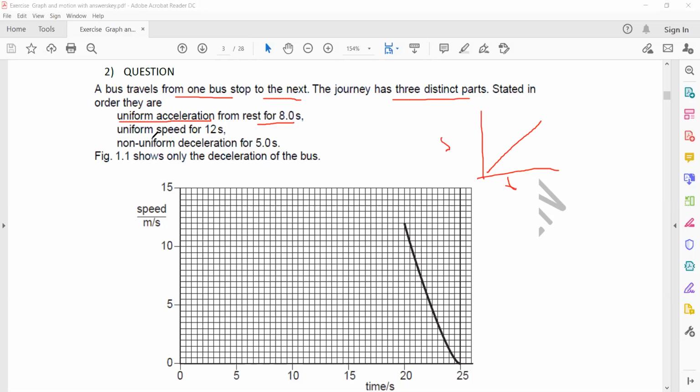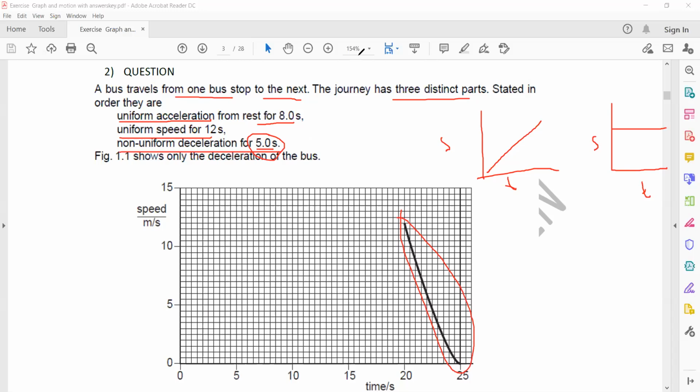Then uniform speed, the term uniform means constant speed, so for the next part there should be a constant speed. And a non-uniform deceleration, which means the deceleration is not constant, and they have already drawn that. The third part is drawn for you. You have to complete the graph.